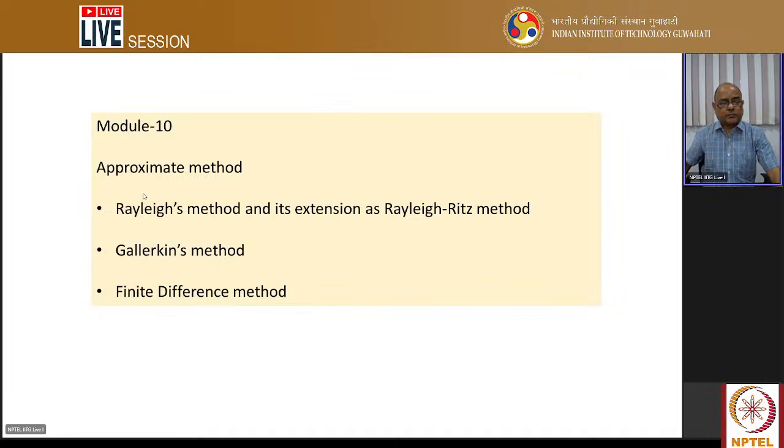So sometimes the fundamental frequency, the lowest frequency of a continuous system or any system, can be determined accurately or near accurately using the Rayleigh method and also by the Galerkin method. The finite difference method sometimes gives error, but it requires a finer mesh to get accurate results.